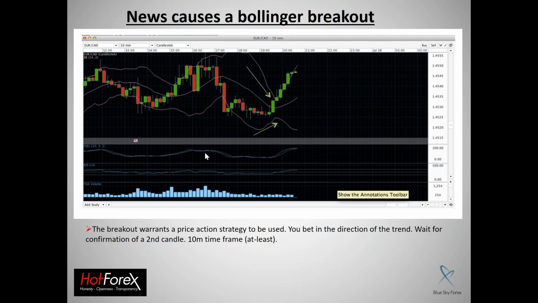Positive news for the GBP will have a different effect on the GBP/JPY pair than on the EUR/GBP pair, because the position of GBP in the currency pair is opposite. These pairs are inversely correlated. So good news for GBP will have a different effect on GBP/JPY than on EUR/GBP.